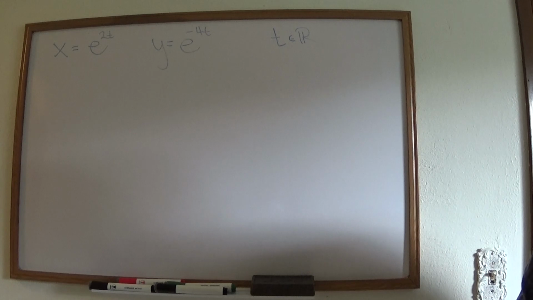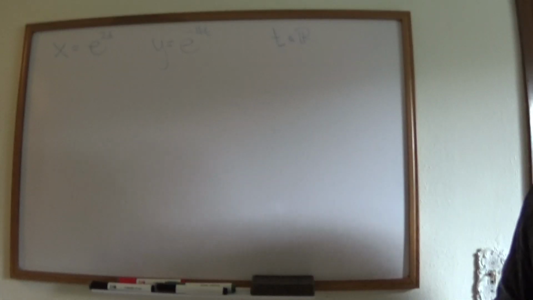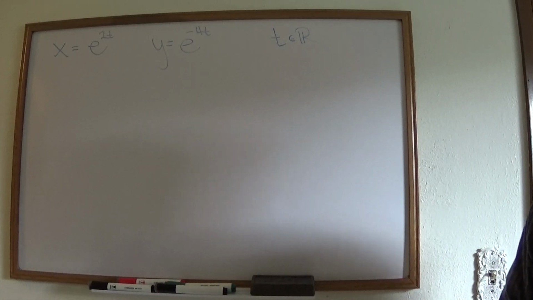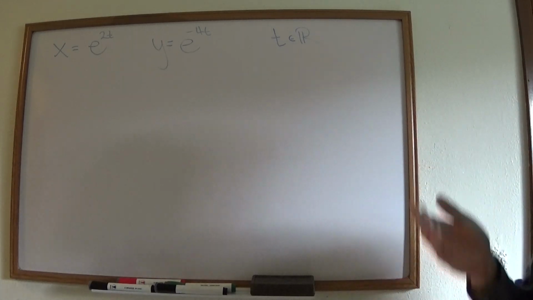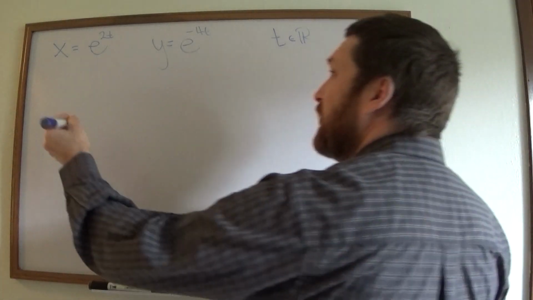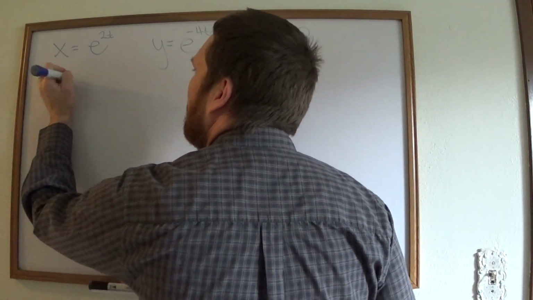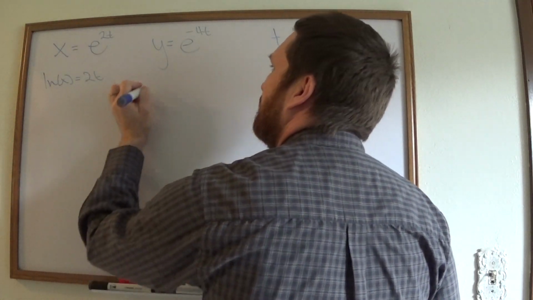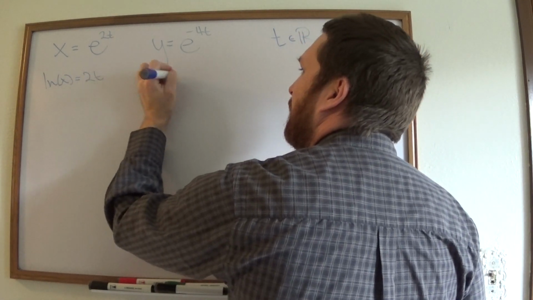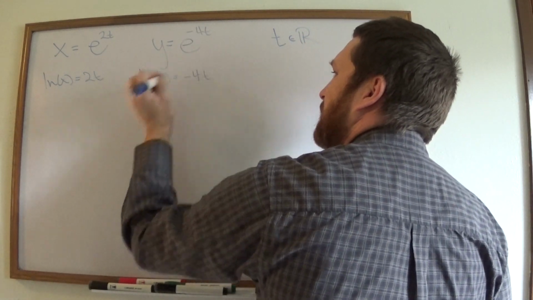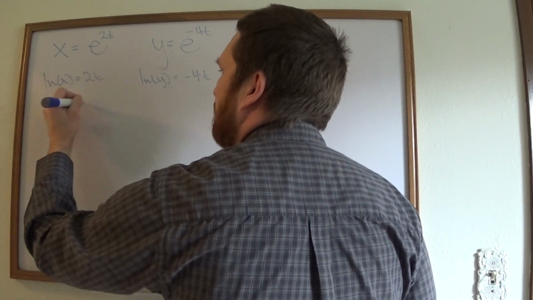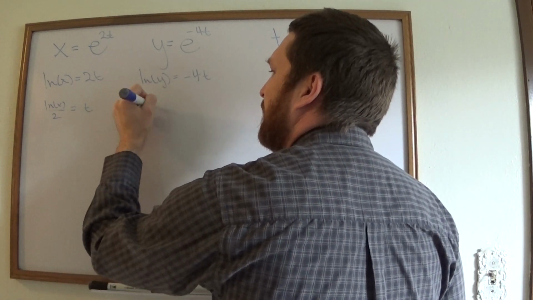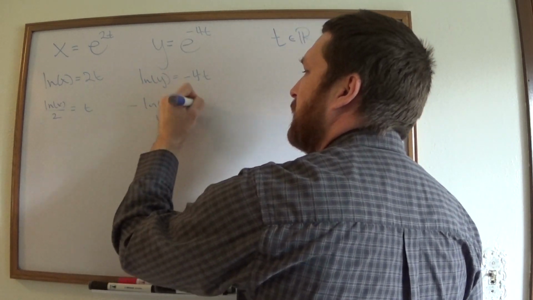Okay, well, what's this? Get t by itself. We can rewrite it. We have to use natural log. You could do this: natural log of x, natural log of that is just 2t. Natural log of y, natural log of that is just minus 4t. Get the t's by themselves. Divide by negative 4 equals t.